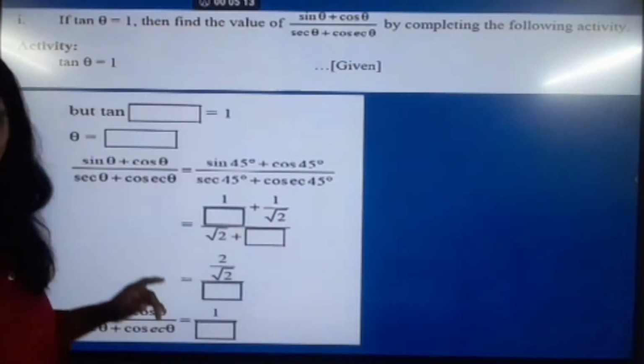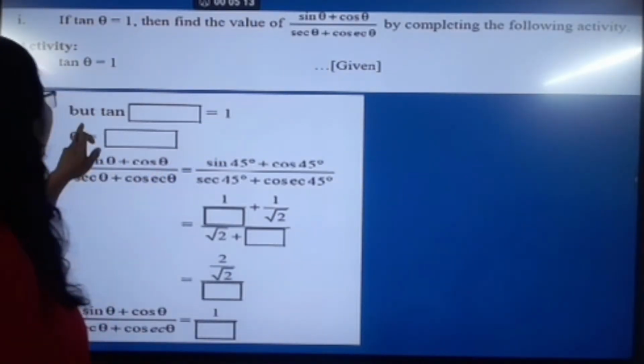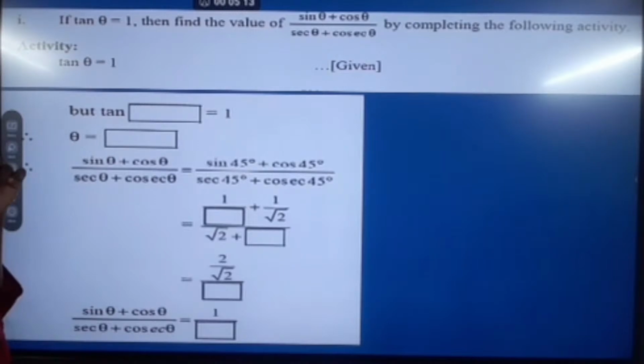So here the first step is that tan theta is equal to 1, that is given.